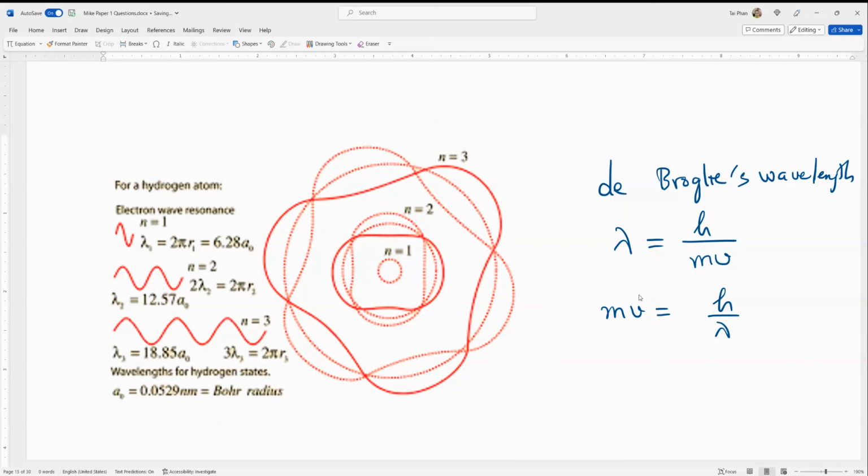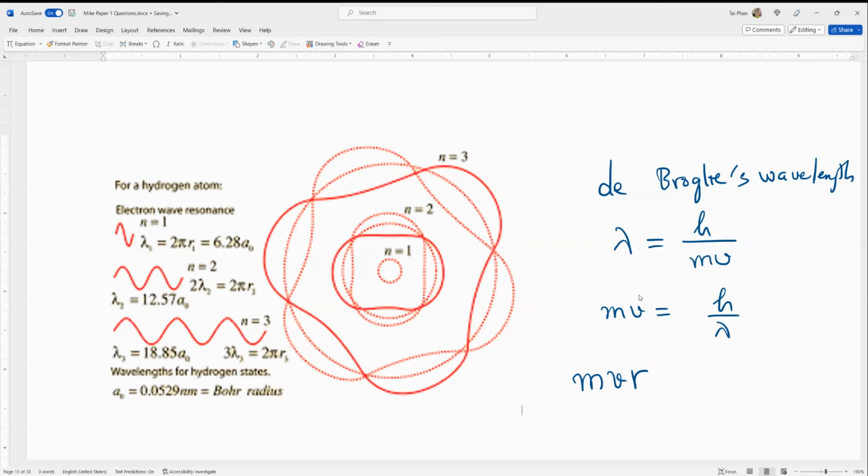And another version of this quantization of the orbit is the angular momentum, mv times r, the radius, the average distance from the electron to the nucleus.